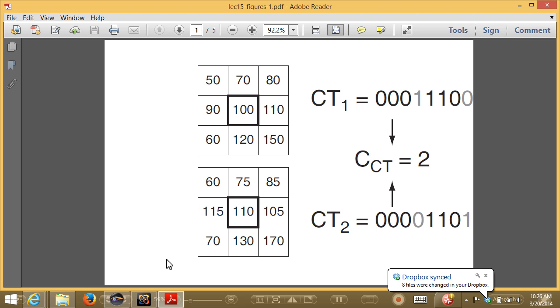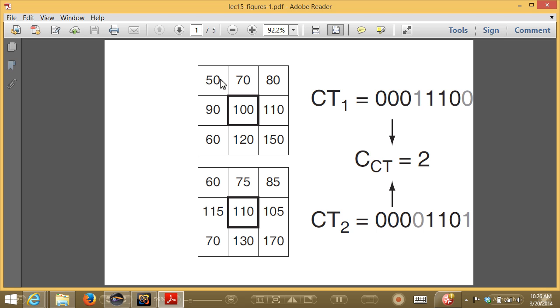So here is my 3x3 block centered at a pixel of interest. Instead of writing down the actual pixel intensity values around the center pixel, I just make a little path of: am I brighter or darker than the center pixel? I make a little binary code: if I'm darker, I'm 0, and if I'm brighter, I'm 1.